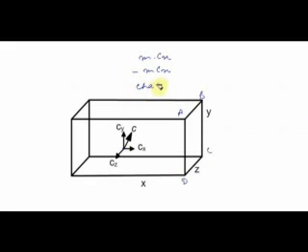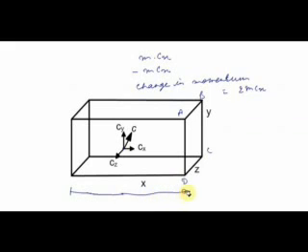So the change in momentum will be 2mcx. Now let the length of this container be a. So here we get 2mcx as delta p.